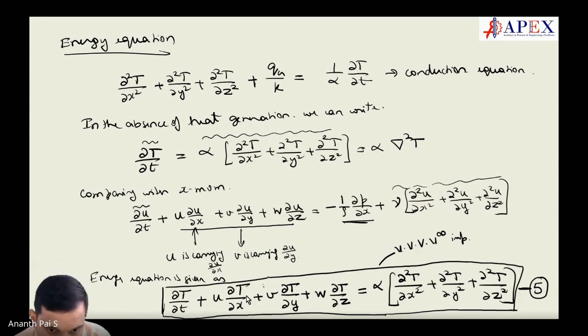If this was u, then it would have been convective acceleration. Make sense? Instead of temperature, if it was velocity, then it would be convective acceleration. If instead of velocity it is temperature, it is convective heat. Convection means carrying.